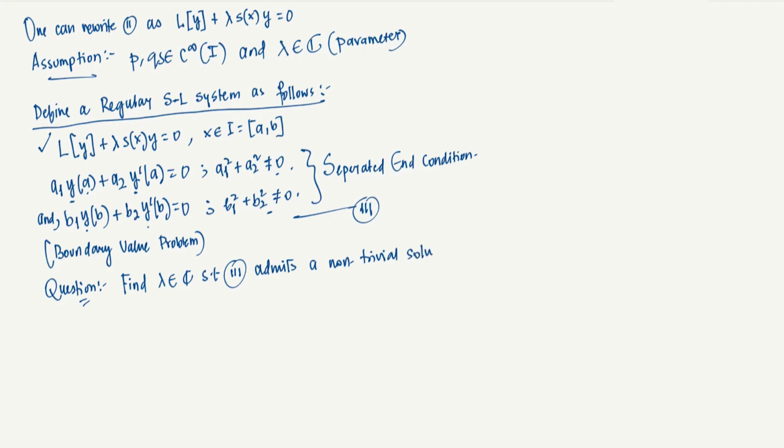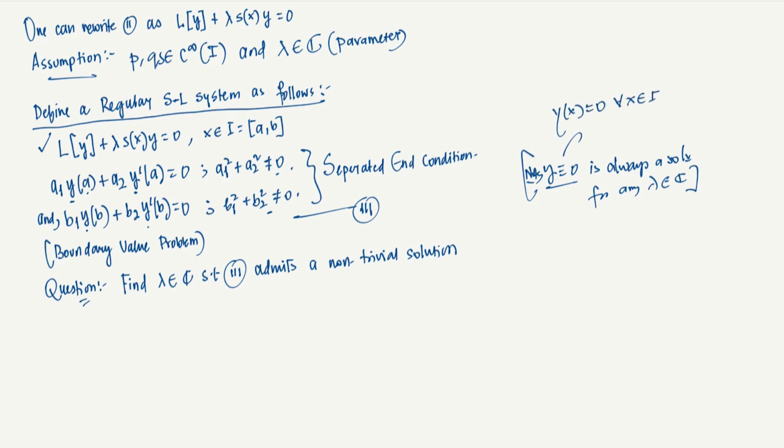Non-trivial solution means, when I say y equals 0, this is always a solution. So this is a small note: y equals 0 is always a solution for any lambda, right? So essentially we are not interested in that. And when I say y equals 0, what do I mean? I mean y(x) equals 0 for all x in I.